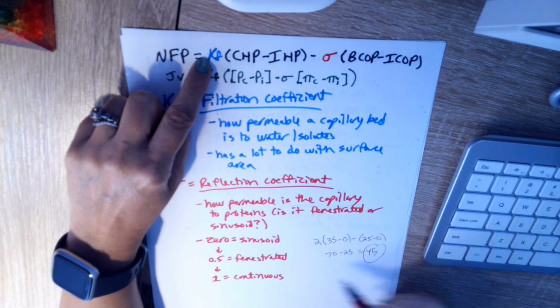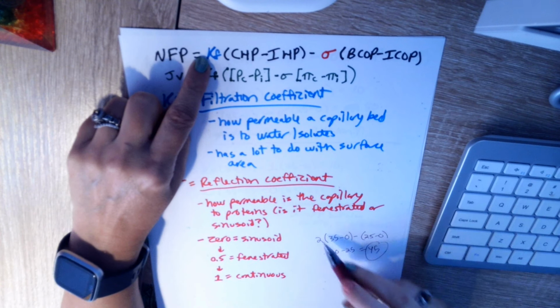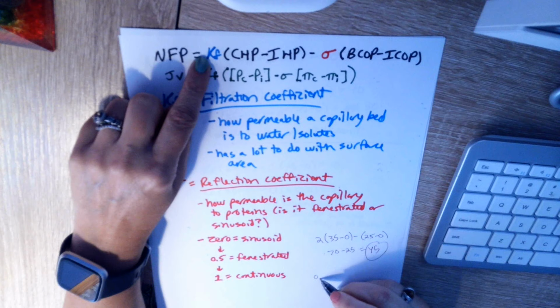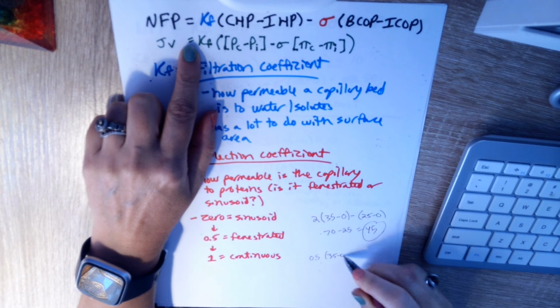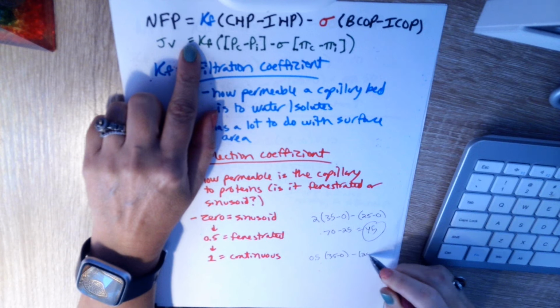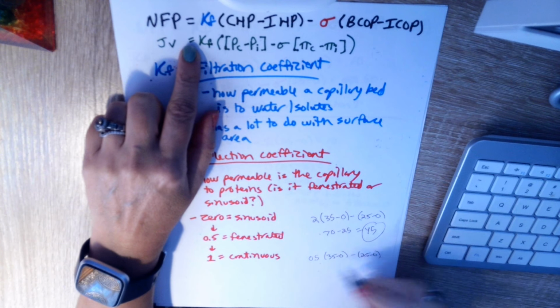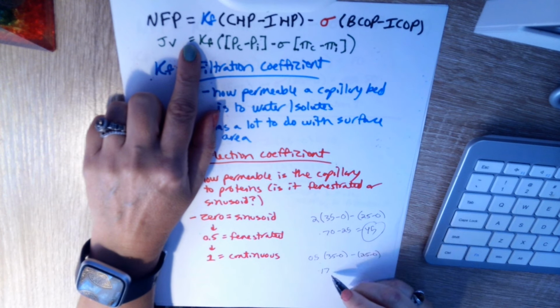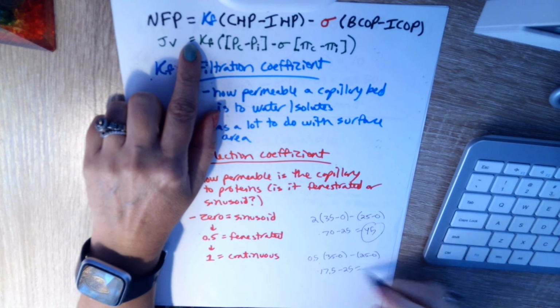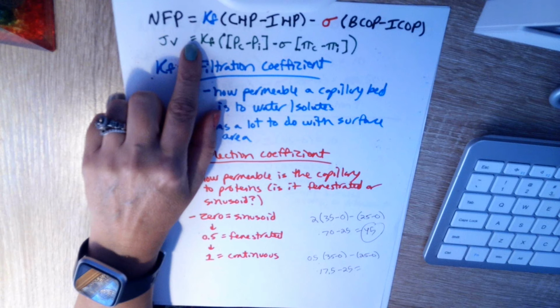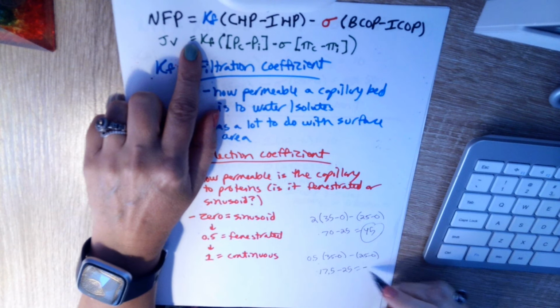Now if we made it small, if we did it by half, so 0.5 times 35 minus 0 minus 25 minus 0. So that would be 17.5 minus 25, which would give us, sorry, negative 7.5.